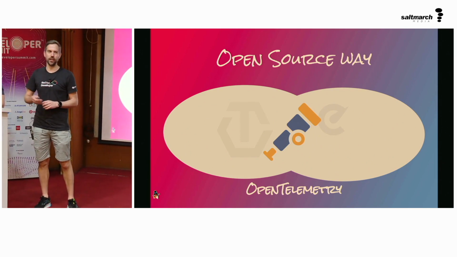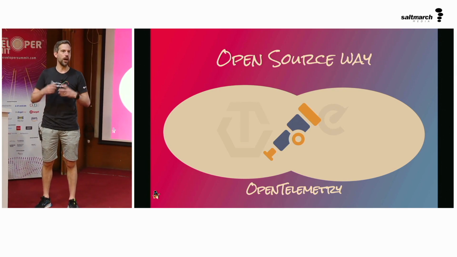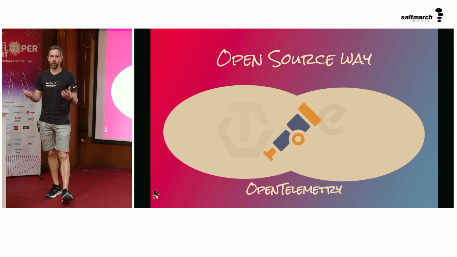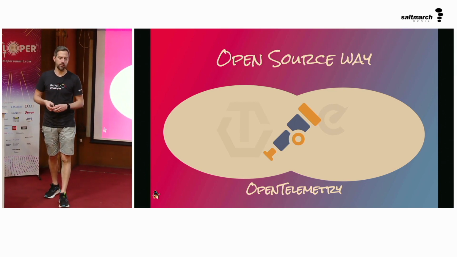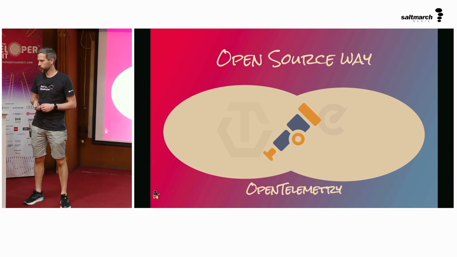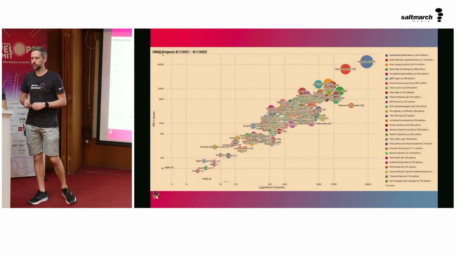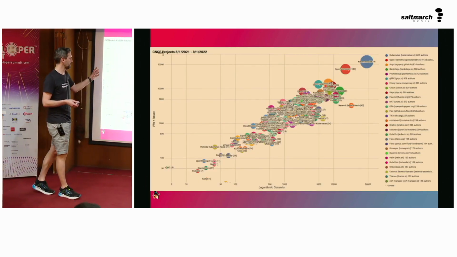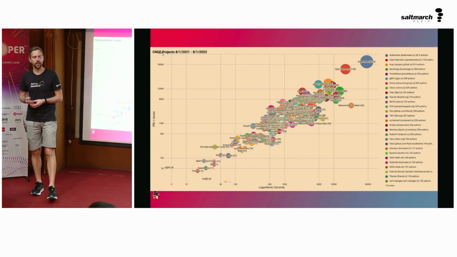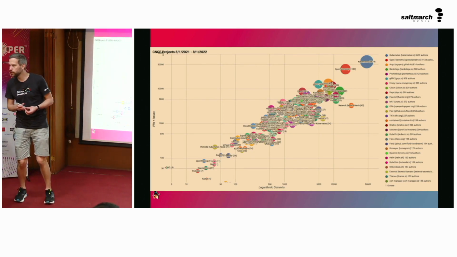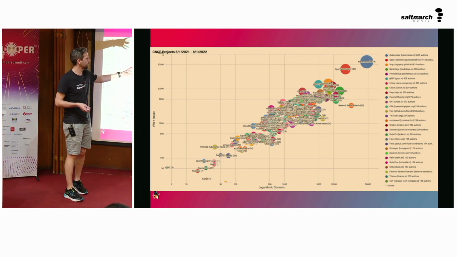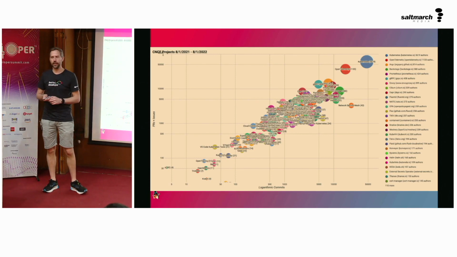And fortunately, OpenTelemetry has been widely adopted in the industry. We see that many vendors are coming on board to support OpenTelemetry. If you look at the CNCF projects here, this is all the CNCF projects that have been worked on in the last year or so, between 2021 and 2022, but it's a similar story last year.